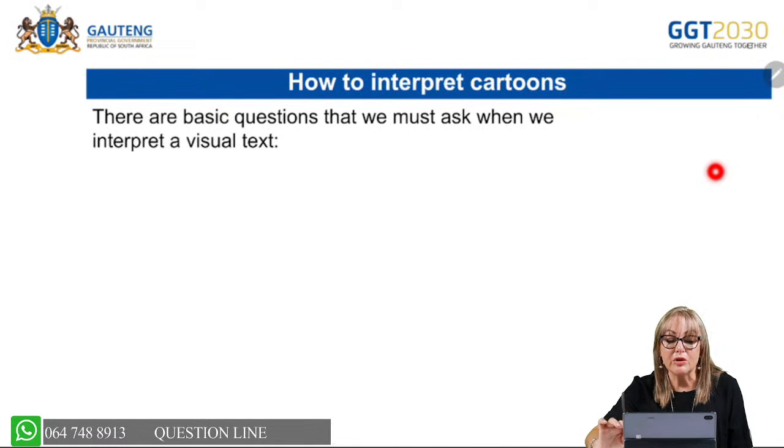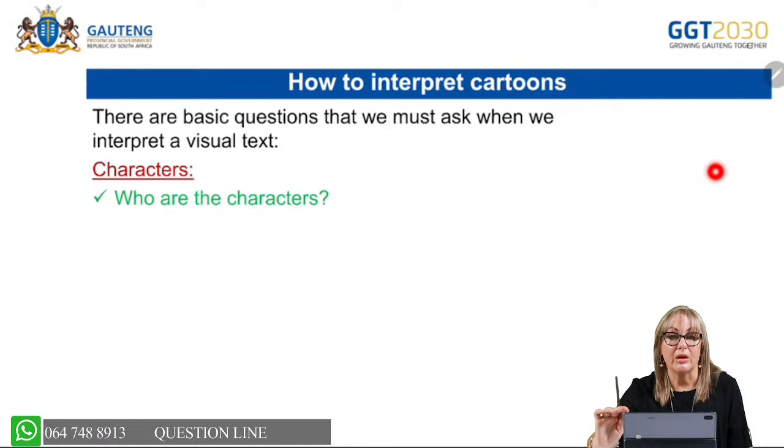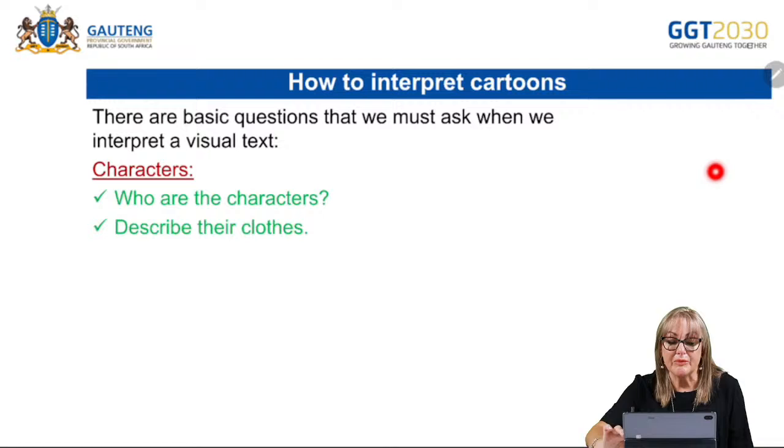There are basic questions that you must ask when you are interpreting a visual text. First of all, look at the characters. Who are they? You will see the title of the cartoon and they will even give you the text box with information. You must describe their clothes.